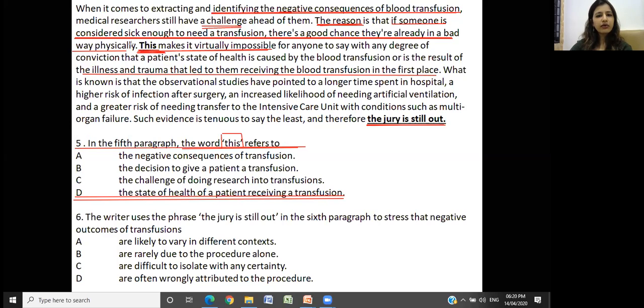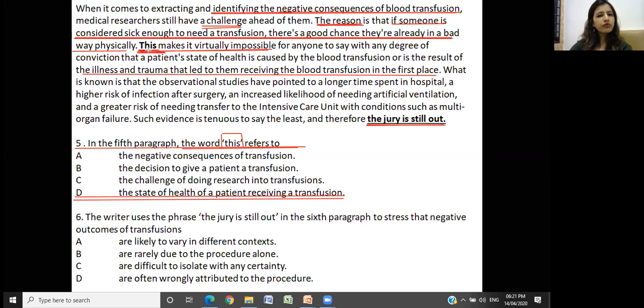You will have to find out the meaning in the context, and therefore, if it is a reference link question, you go to the previous sentence, because the reference link word will be representing the idea of the previous sentence. Then you find out whether in that sentence the reference link word is used as a subject or as an object, because it will definitely be a noun. So it could be subject or object. It cannot be a verb or adverb or adjective.